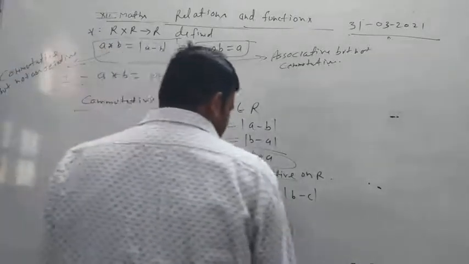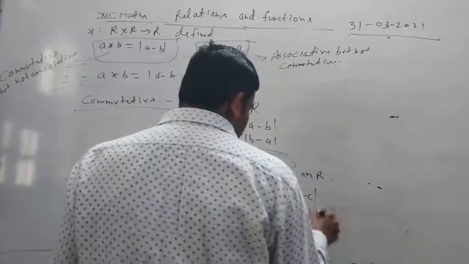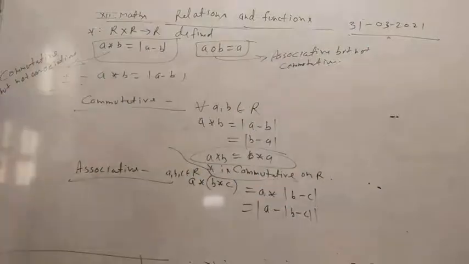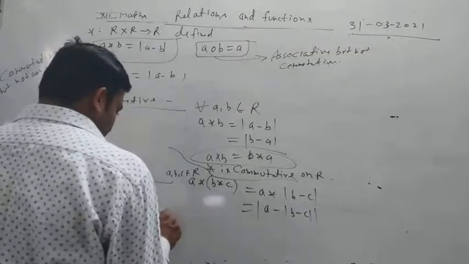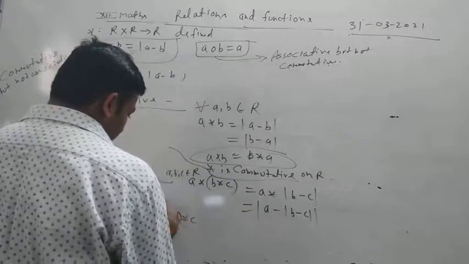Now this we write again, mod a minus mod b minus c. Now we check (a star b) star c.